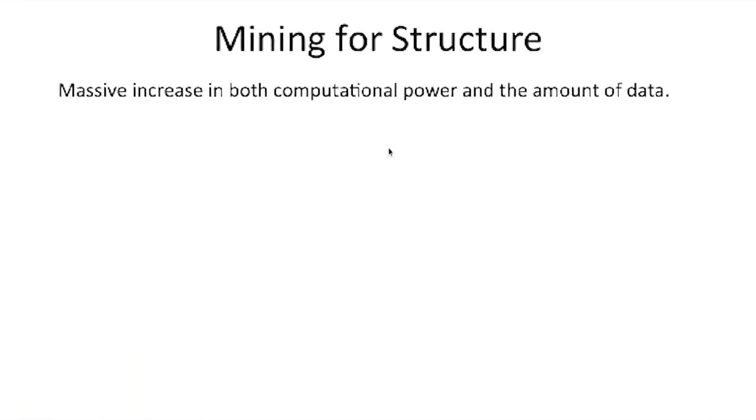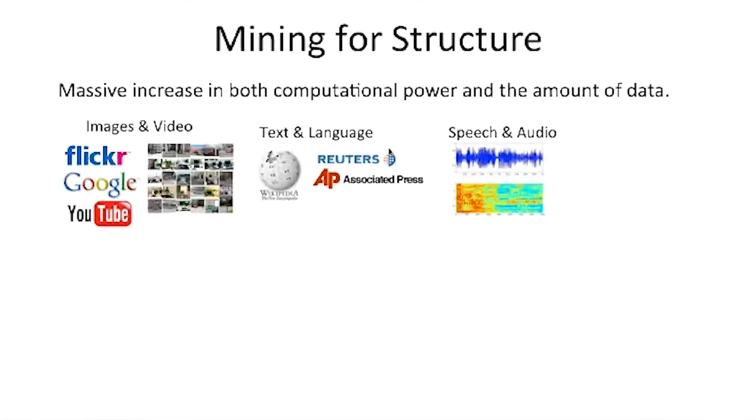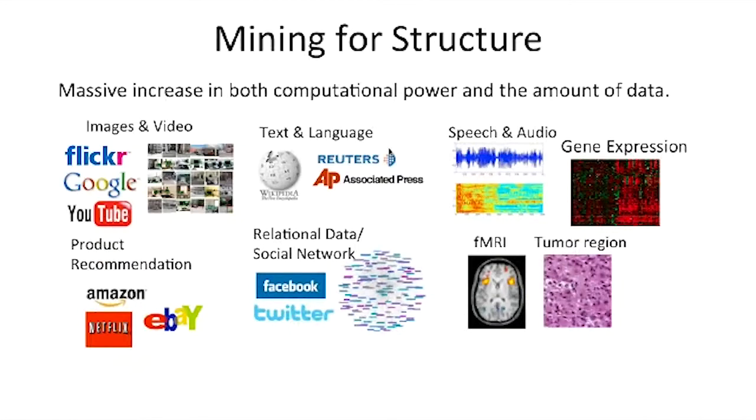Okay, so if we look at what we've had in the last decade, we've had a massive increase in the computational power as well as the amount of available data. If you look at images and text, language from the web, speech and audio, gene expression data, recommendation systems, relational data, social networking data, as well as scientific data, one of the key questions we're all trying to ask is how can we extract interesting structure from all of that data?